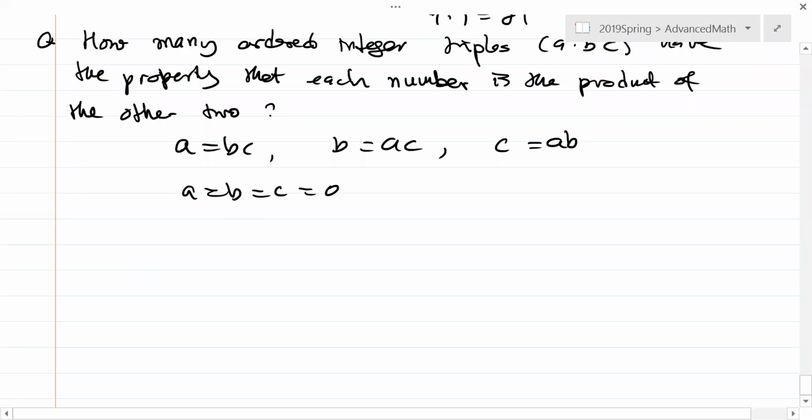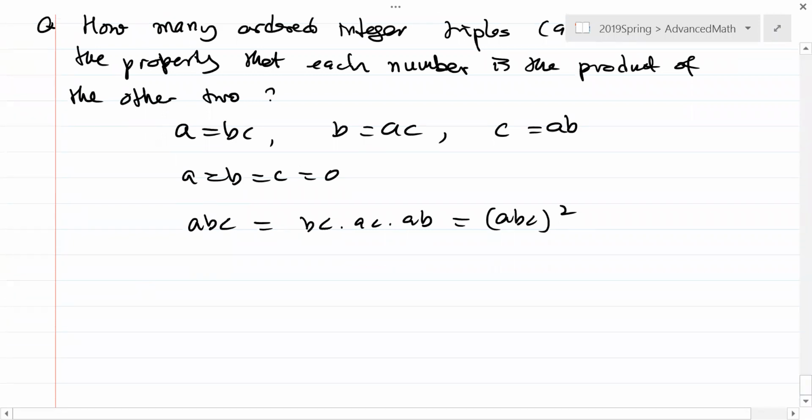So they are either all equal to 0 or none of them is 0. You can try multiplying BC times AC times AB, and that is going to be ABC squared, right? So from here, you can clearly get either ABC equals 0, and if one of them is 0, you can figure out the rest of them are 0.